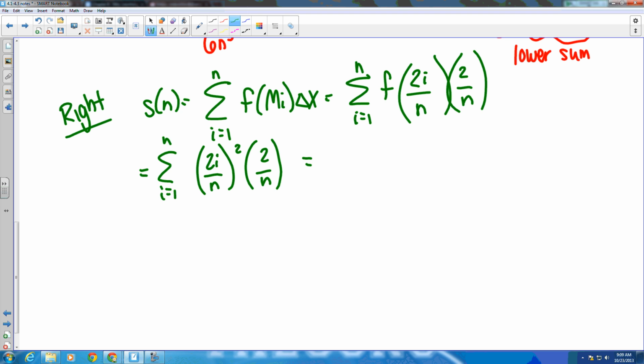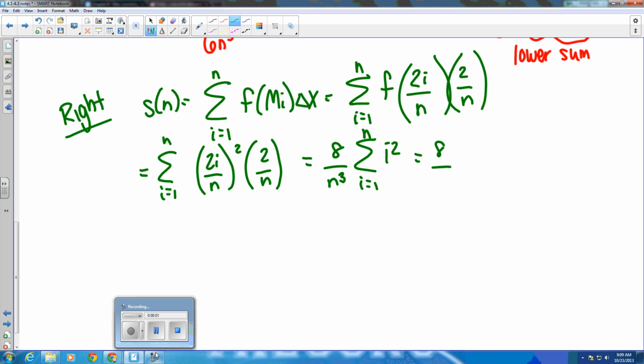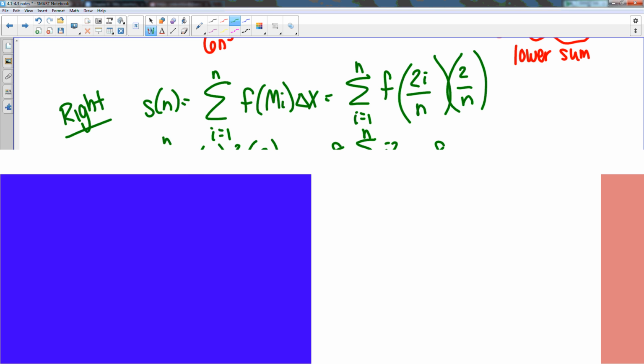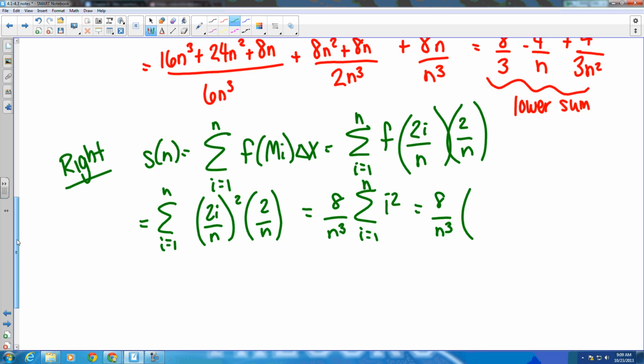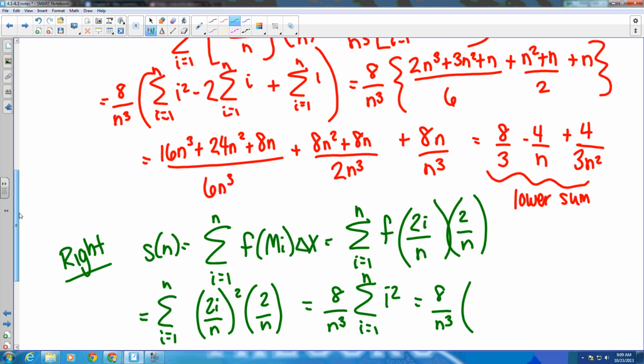So we would distribute this. We'd have 8 over n cubed times the summation from i equals 1 to n of i squared. And then we would put in the value for the summation of i squared, which if we just look right up above, we can find out what that is: (2n cubed plus 3n squared plus n) over 6.